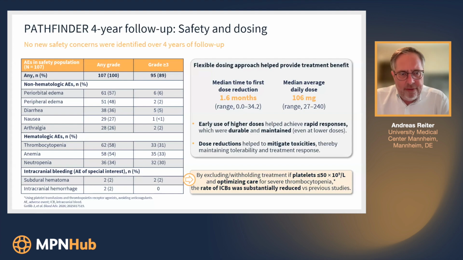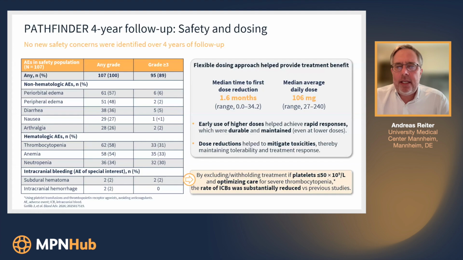Then, of course, we have hematologic adverse effects such as thrombocytopenia and anemia, usually also manageable with dose modification. But we have to say that thrombocytopenia can be dangerous for brain bleedings. And after safety measurements, we should not start avapritinib with platelets less than 50,000, or when platelets occur of less than 50,000, we should stop the drug.